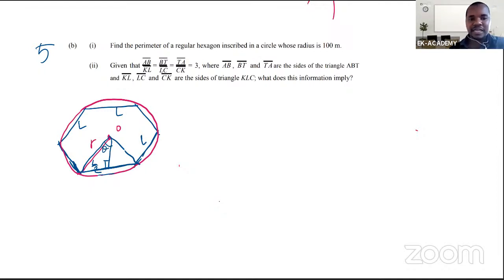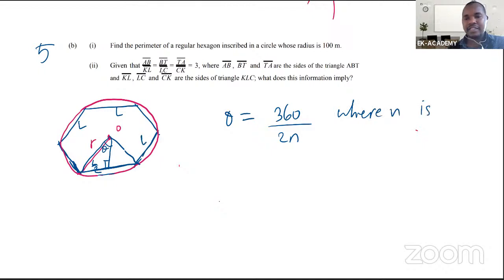Angle theta, we are going to take the central angle, which is 360 degrees, divided by 2n, where n is the number of sides.